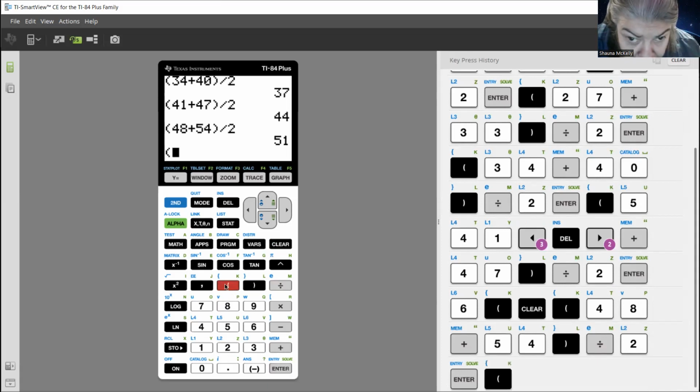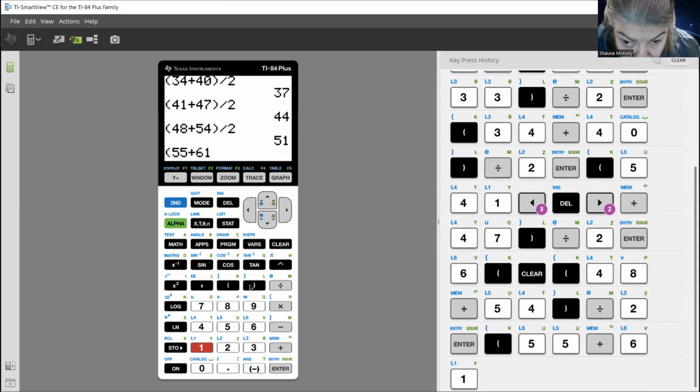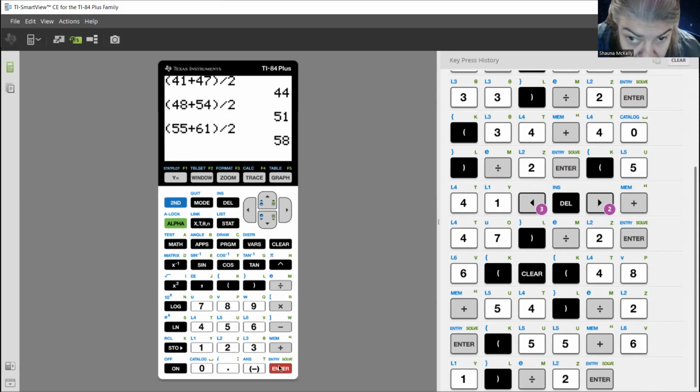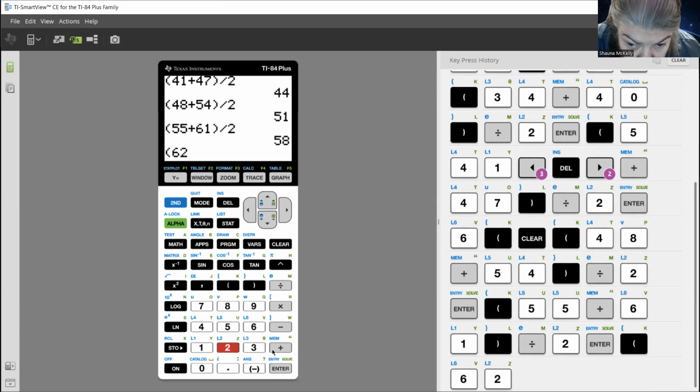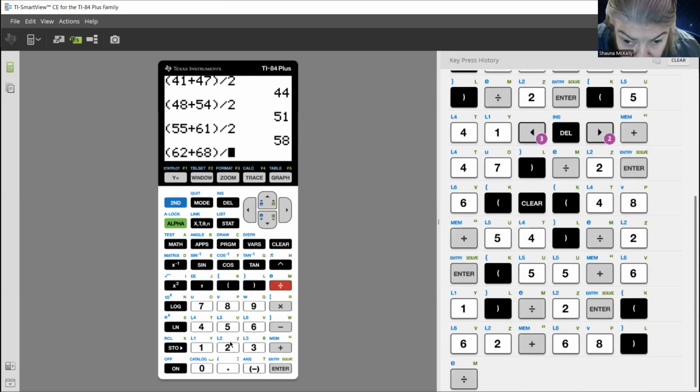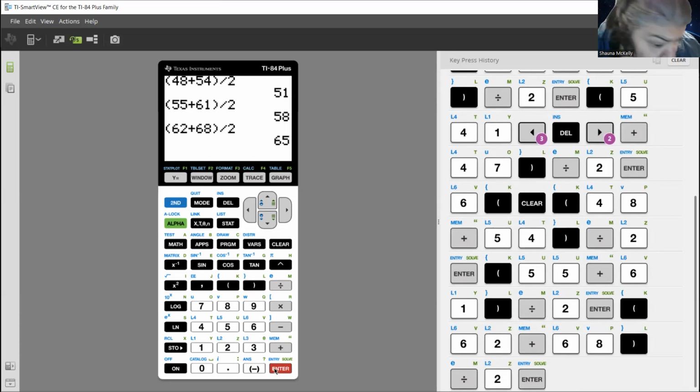55 plus 61 divided by 2. And 62 plus 68 divided by 2 gives you 65.